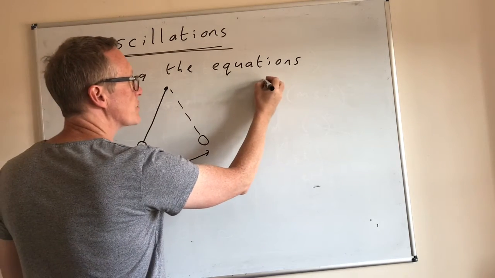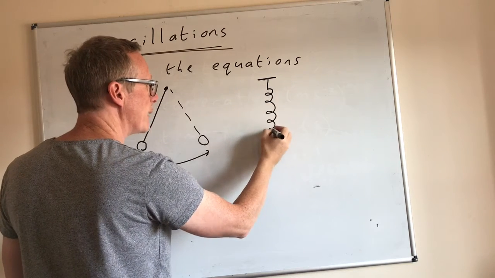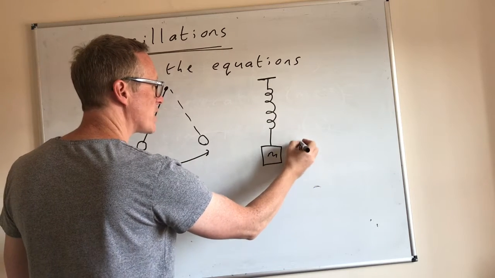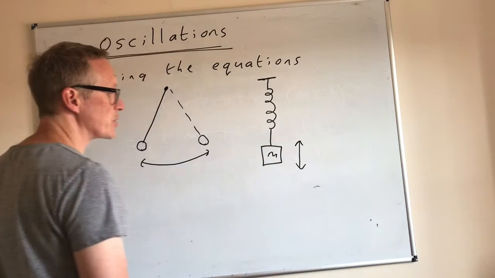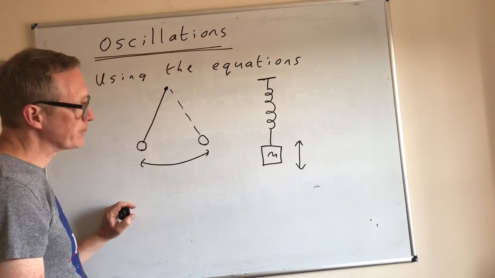Or something that was secured at a point on a spring, some form of mass. If that was set to bounce up and down on the spring, it would engage in simple harmonic motion.